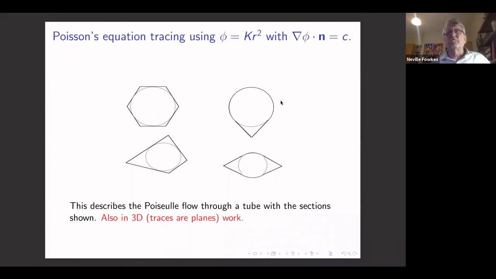Also, Michael did some more really interesting work. I won't spend more time describing this, but these are solutions for Poisson's equation, really important in fluid dynamics, and of course steady state heat conduction, with circles and straight lines and whatever, weird results.